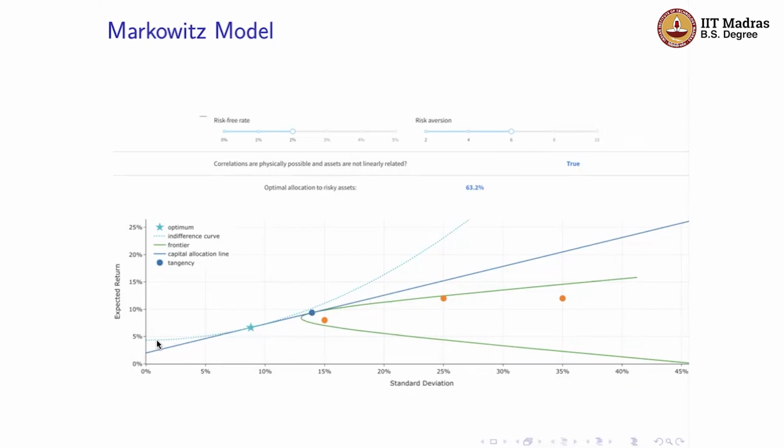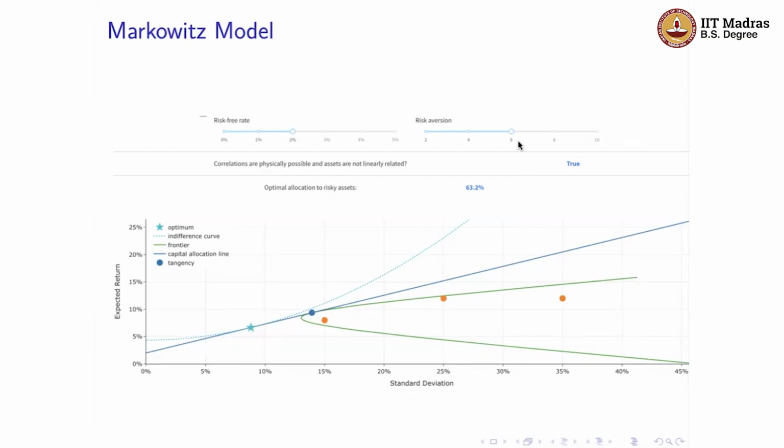This is where the indifference curve is tangent to the capital allocation line, which is formed by joining the risk-free rate and the optimal risky portfolio. So you invest some of the money in the risk-free asset and some in the optimal risky portfolio, and as a result this is the combination of expected return and standard deviation that you achieve at your optimal point.